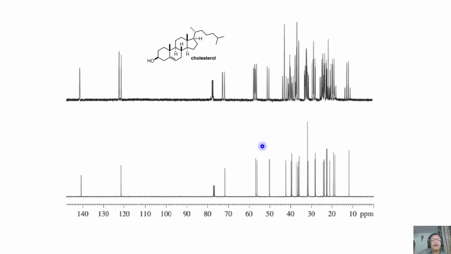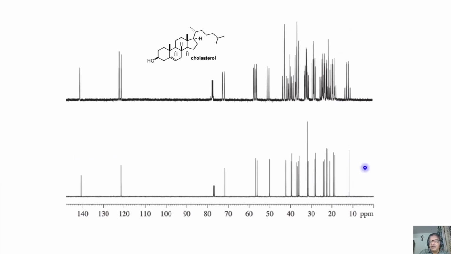Now let us go back to the cholesterol molecule. Earlier we saw this, and this was the complexity of the spectrum which I showed. Now we go back and compare with the present spectrum, which is obtained with continuous wave (CW) broadband decoupling.